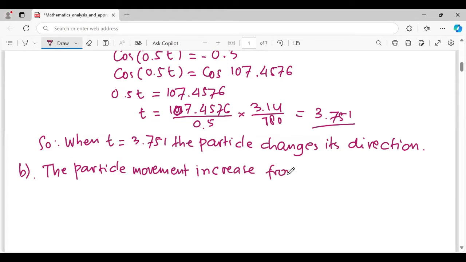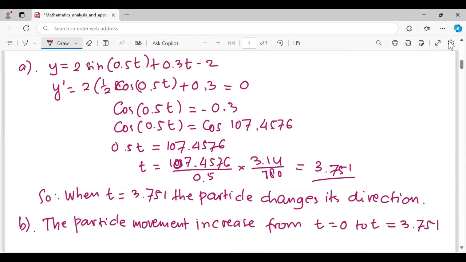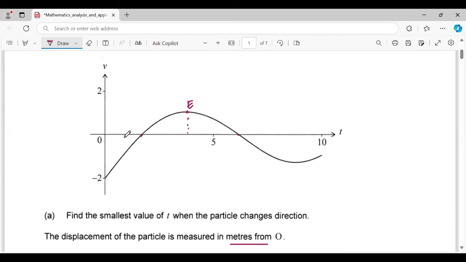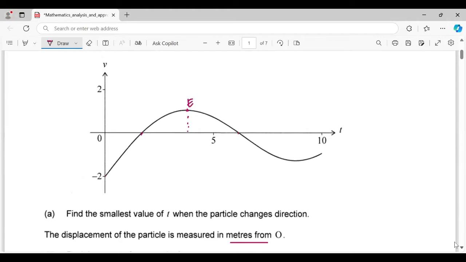from t equals 0 to t equals 3.751. Okay, it increased from t equals 0 to t equals 3.751.